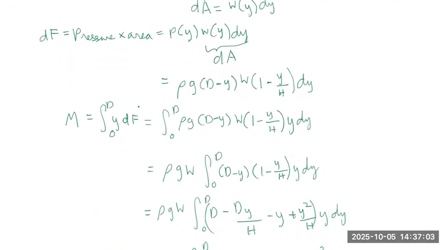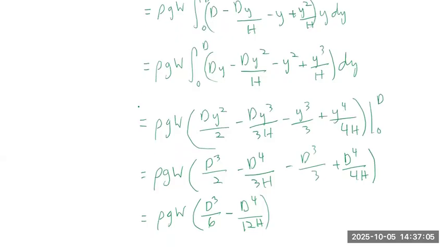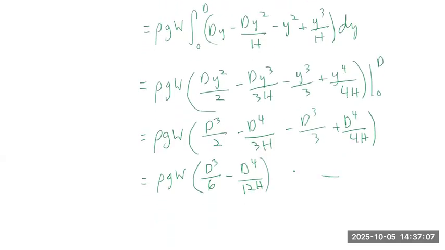So we will set this moment, which is from the hydrostatic pressure, equal to FH. So rho g w times (d cubed over 6 minus d to the power 4 over 12h) is equal to FH.